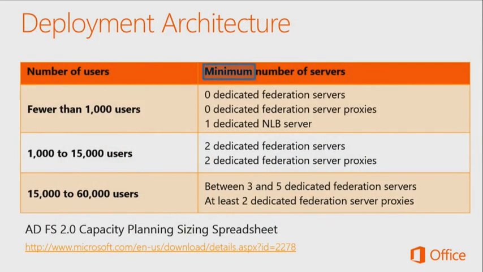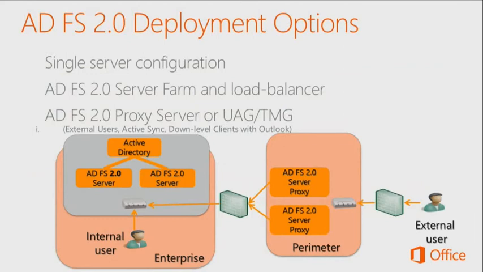Okay. Deployment architecture, minimum number of servers: for fewer than 1,000 users, 1 dedicated network load balancing server. For 1,000 to 15,000 users, 2 dedicated federation servers and 2 dedicated federation server proxies. If we go back a screen, we're showing 5 servers here: 2 ADFS 2.0 servers, 2 proxy servers, and DirSync.